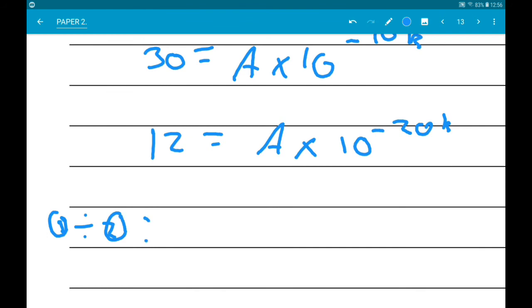So that's going to give us 30 over 12. Now the point for doing this is that the a's are common factors, so they disappear. So we're going to get 10 to the minus 10k divided by 10 to the minus 20k.